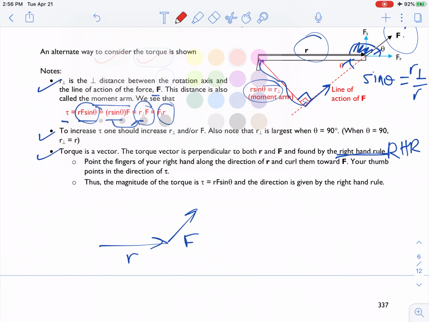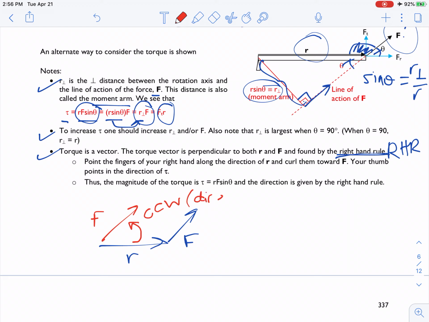You can also kind of carry that F over here, right, the same vector. So you're going from R to F with the 4 fingers, you're curling them towards F, and you can see that this is counterclockwise, and that is the torque direction, okay?